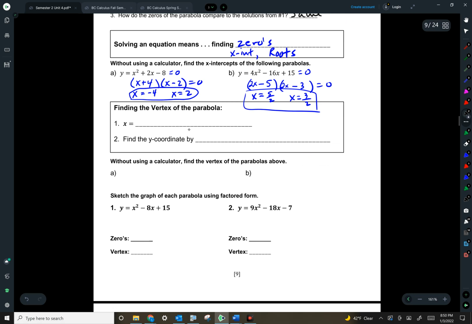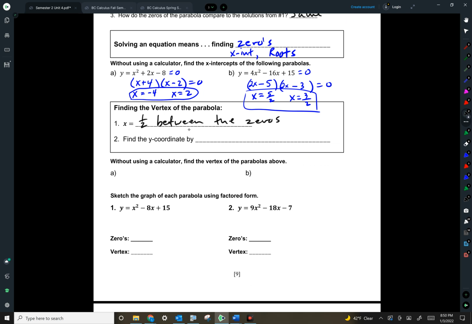So in this box, if I have a factored form, how can I find the vertex? Well, the x is always going to be halfway between the zeros. And then how would I find the y-coordinate?